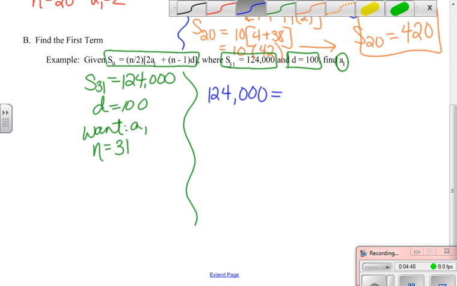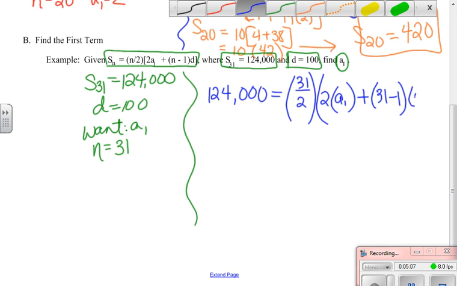That's equal to n, which is 31, divided by 2, times 2 times A1, which is what I don't know, plus 31 minus 1 times D, which is 100.